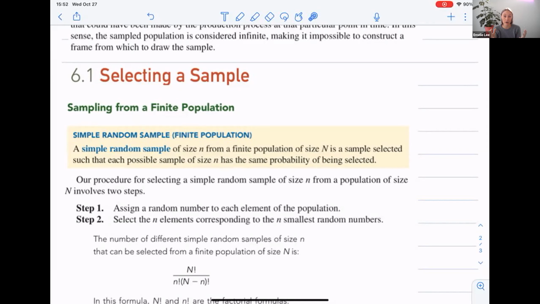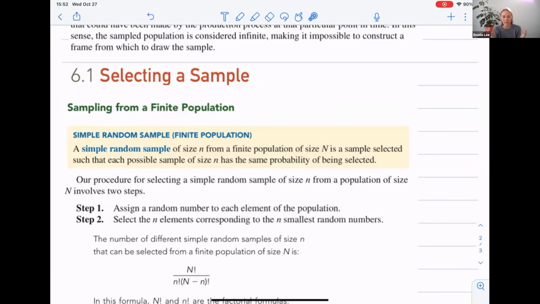Now that's really hard, right? But if we bring it down to maybe the college, we can know at one point in time exactly how many students we have. And we have student information on all those students, right? And so then we have this finite population.